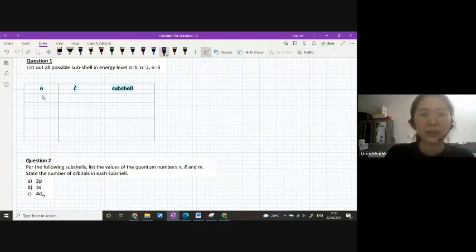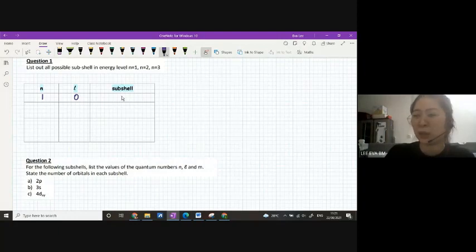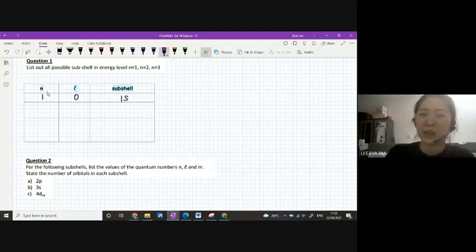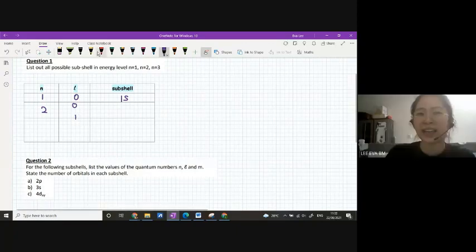If over here we have N equals 1, what's your value of L? 0. So the subshell will be 1S. If N equals 2, we have 0 and 1. 2 boleh tak?